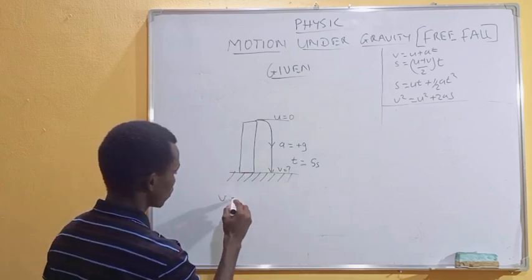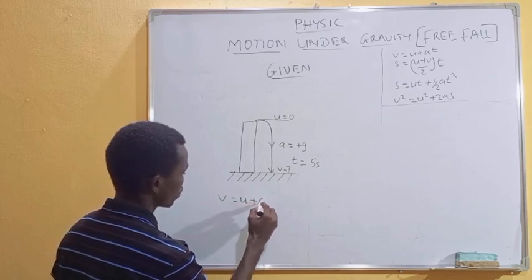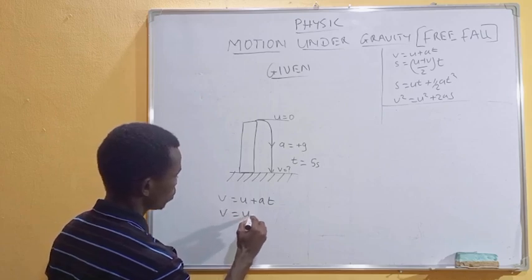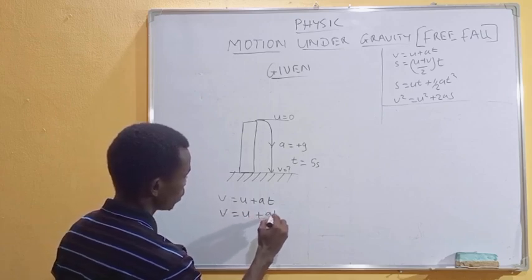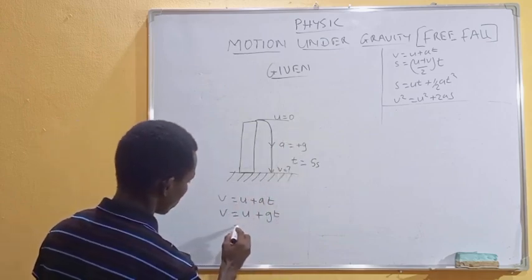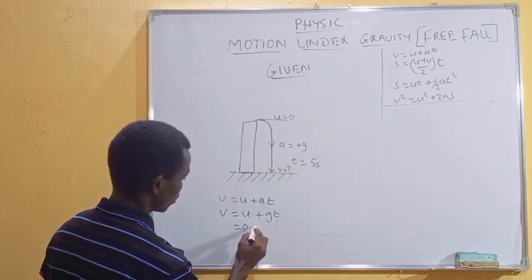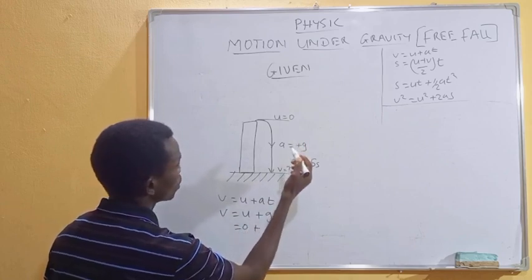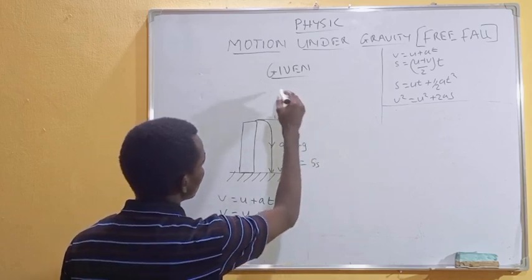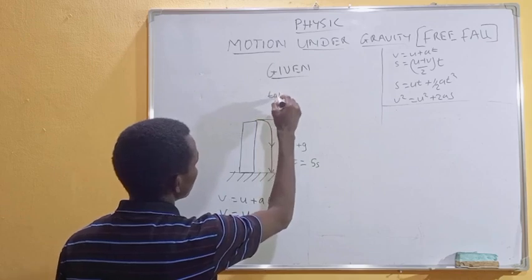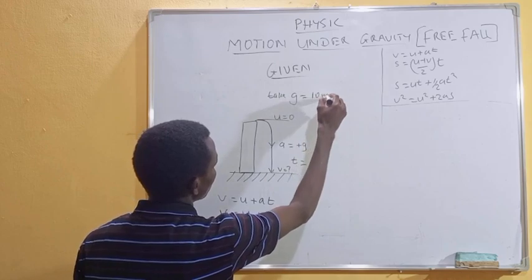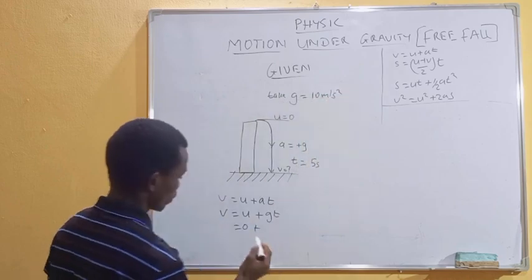Therefore, v is equal to u plus at. Therefore, v is equal to u plus gt, where u is given as 0 from rest, 0 plus the gravity. We are asked to take g equal to 10 meters per second squared.